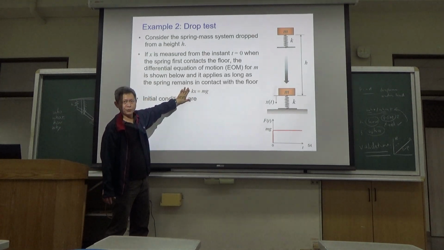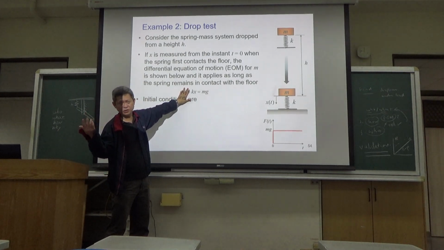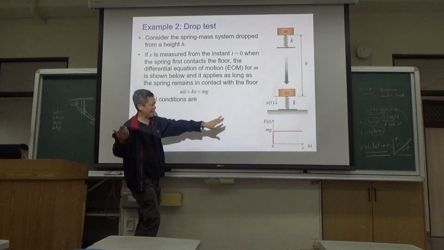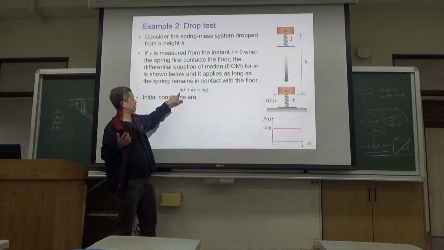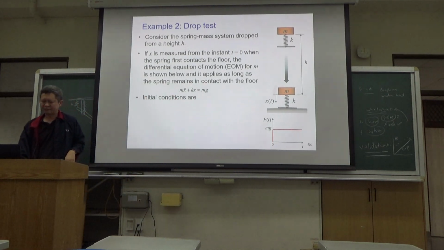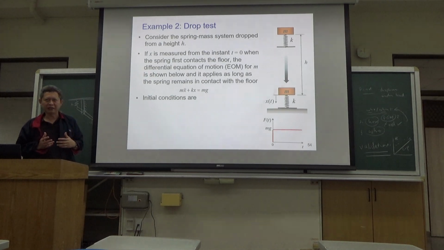So what did you do with the structural analysis previously? You were talking about kx equals mg. But for the landing, the accelerations have to come into the equation. It can be quite complex. But for us, we're going to do it semi-analytically.